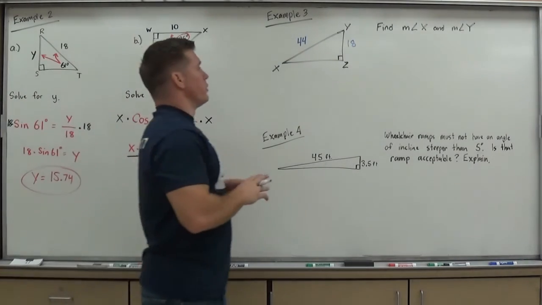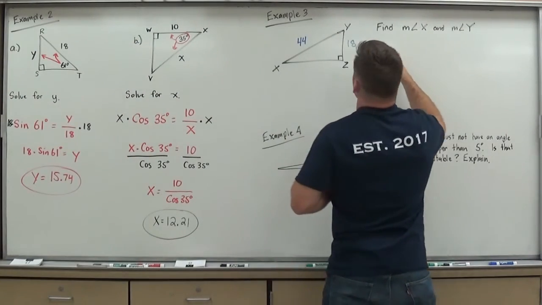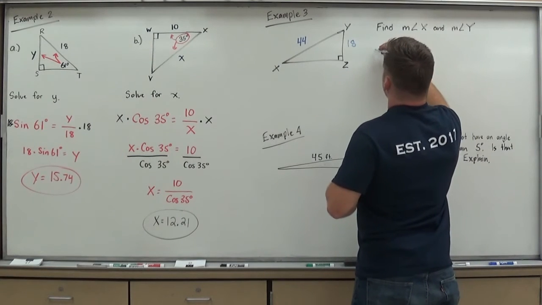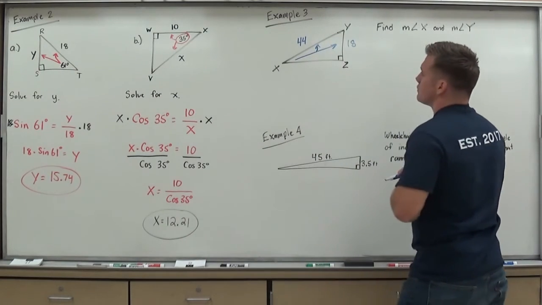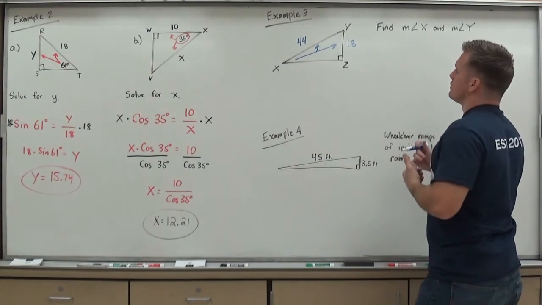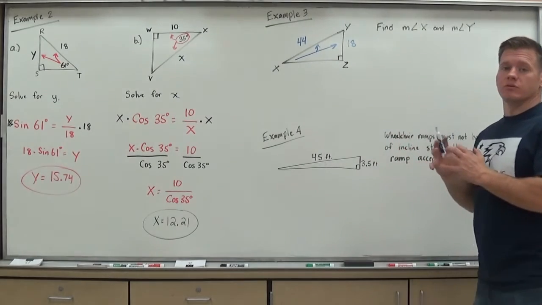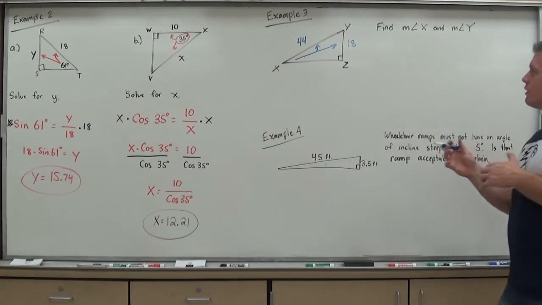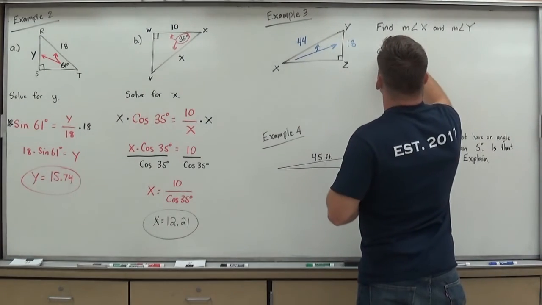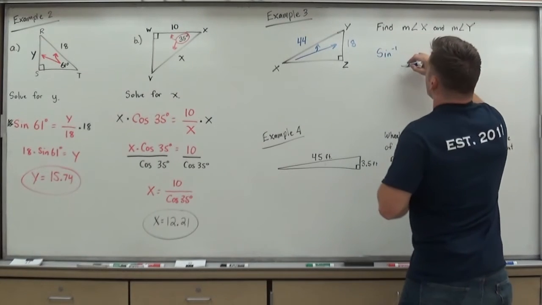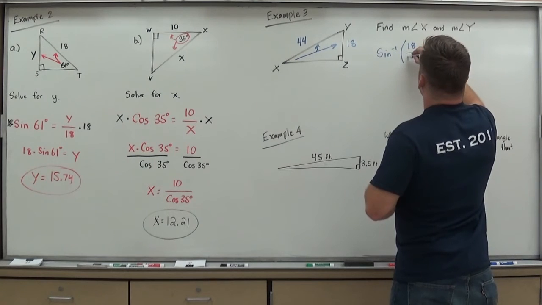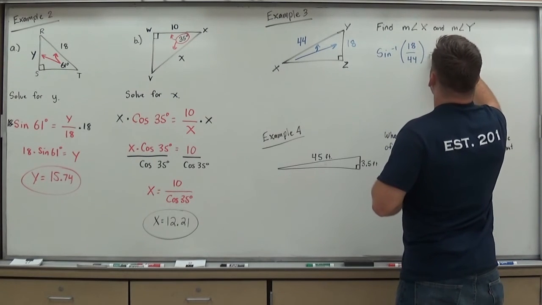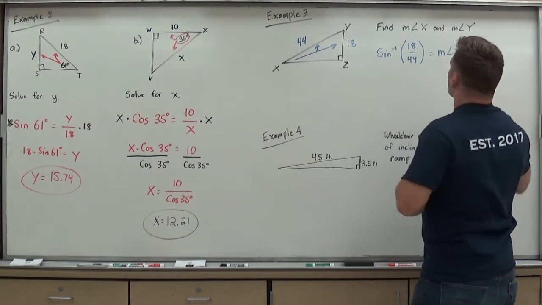Now, there's actually multiple ways to do it. It doesn't have to be one way, but I'm going to try to find x first. And from x, the info I have is opposite and hypotenuse. So opposite and hypotenuse is sine, so that's the inverse I have to use. So it's very specific as to what you have. We have opposite over hypotenuse, so we should use sine inverse. The sine inverse of 18 over 44 will give me the measure of angle x.